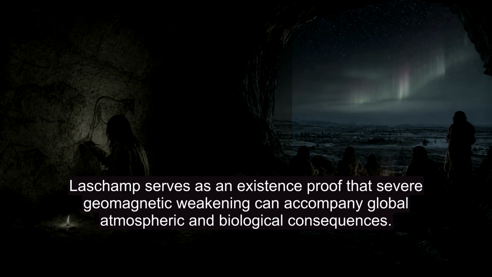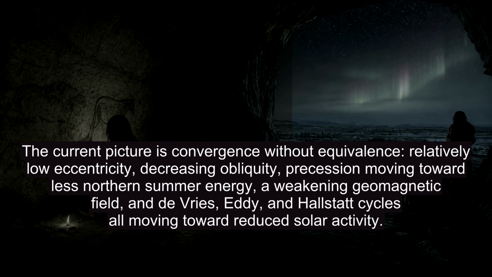Lost Champ serves as an existence proof that severe geomagnetic weakening can accompany global atmospheric and biological consequences. The current picture is convergence without equivalence: relatively low eccentricity, decreasing obliquity, precession moving toward less northern summer energy, a weakening geomagnetic field, and de Vries, Eddy, and Hallstatt cycles all moving toward reduced solar activity.